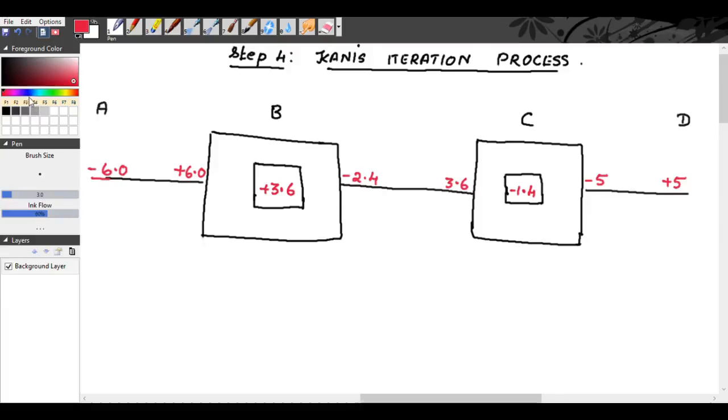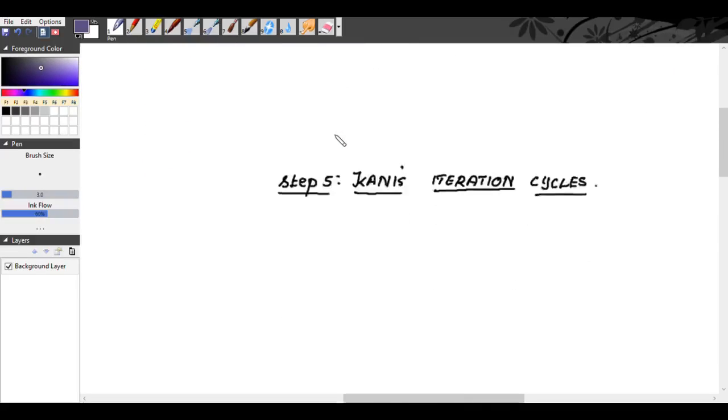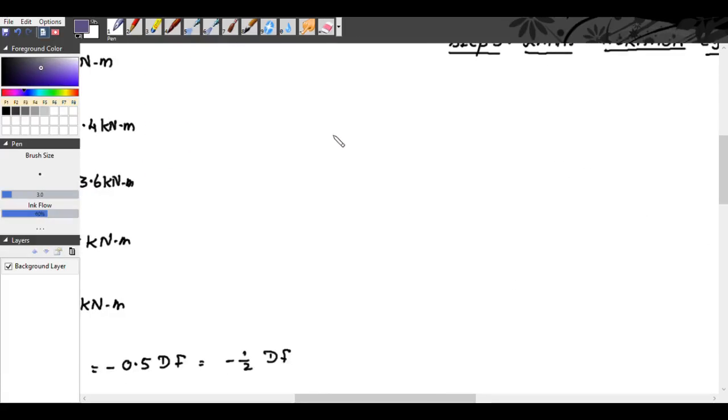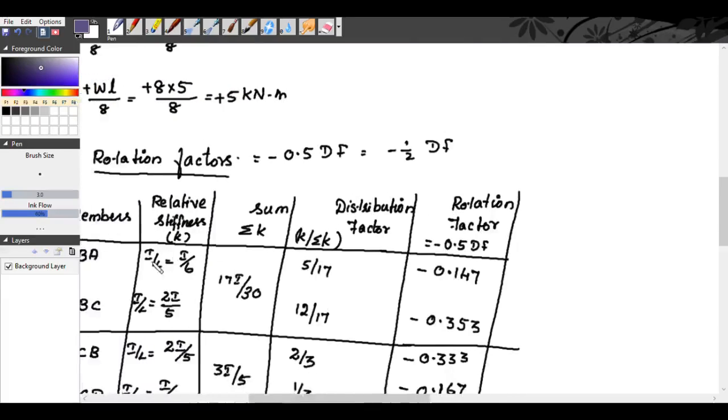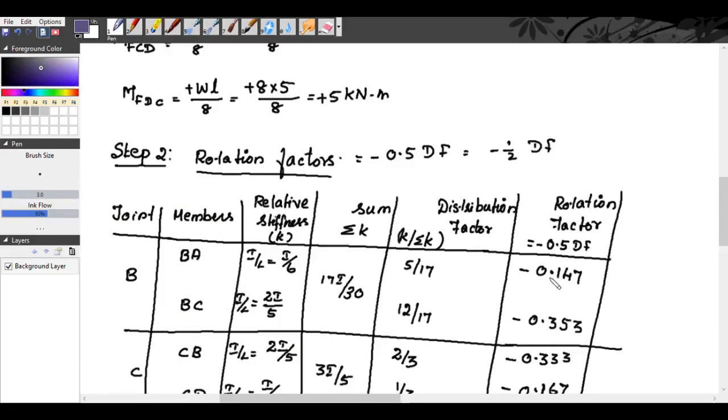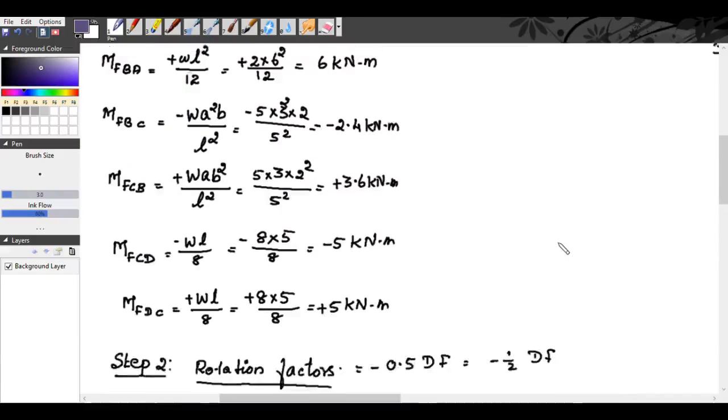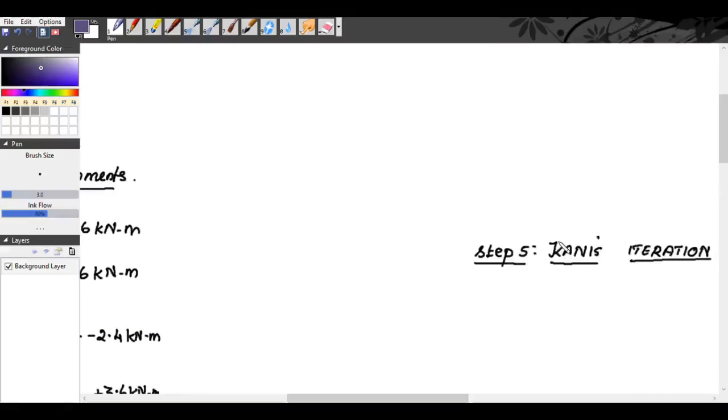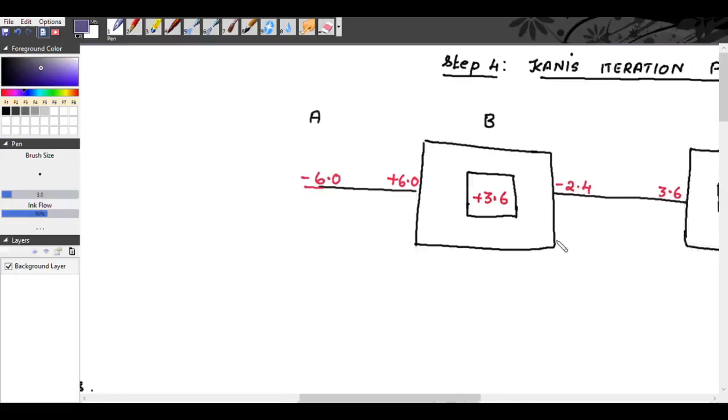So the rotation factors, we have already found, will be for the intermediate joints. So for B, we have found the rotation factor for BA and BC: for BA, it is minus 0.147 and for BC, it is minus 0.353. So that we have to write here.